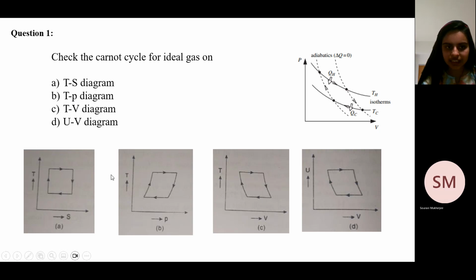And then in the steeper lines, what you see here is that if these are adiabatic processes, the entropy remains constant here. So that's why you see that these are vertical lines, right? If you have a TS plot. But if you have a TP plot, you have to remember how the pressure is changing in these processes.